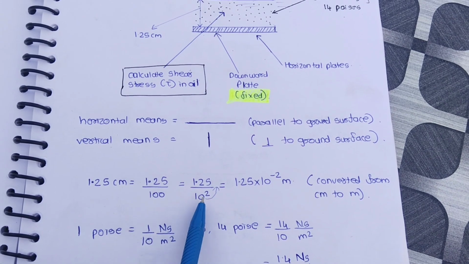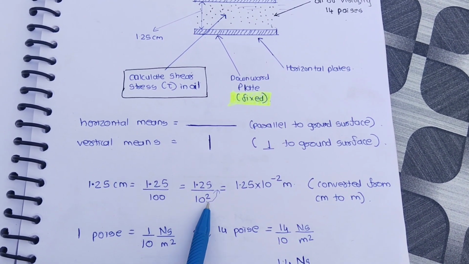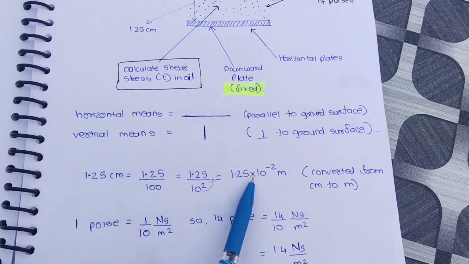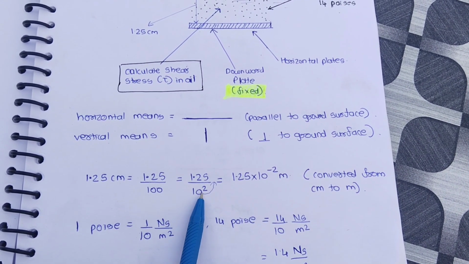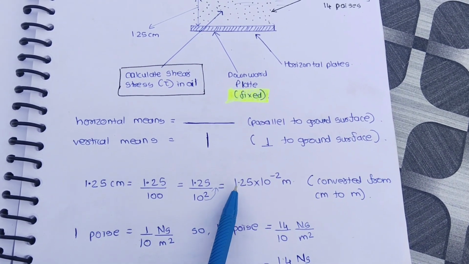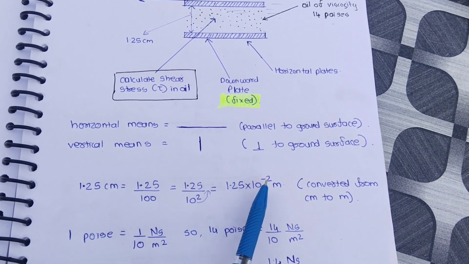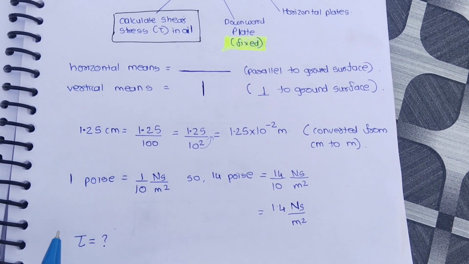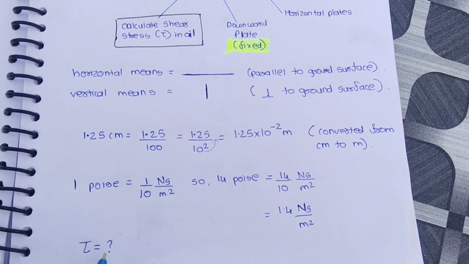We can write 100 as 10 raised to 2. When 10 raised to 2 goes to the numerator, the sign will change: 10 raised to 2 here is positive 2, and when it goes up it becomes negative 2. So it is 1.25 into 10 raised to minus 2 meter. And we have to find only the shear stress tau.